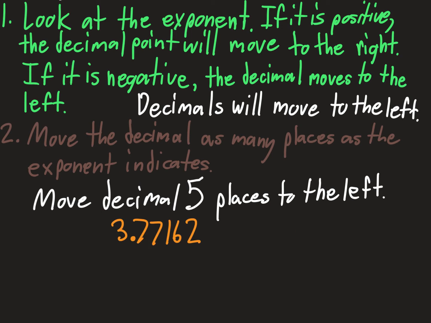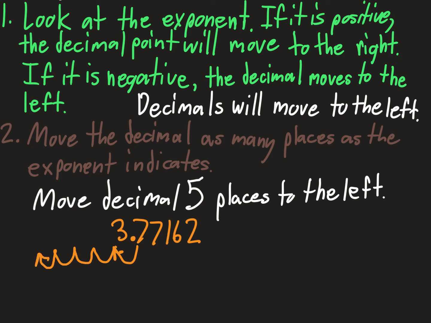So when we move over to the left, notice how after we move the first place, we don't have any more places to go. The good news is that in front of and behind every number is a whole bunch of zeros. Remember those ghost zeros from when we were doing long division back in 6th grade and 7th grade? Well, they're coming back. In this case, we're just going to keep moving over zeros until we have moved 5 places.